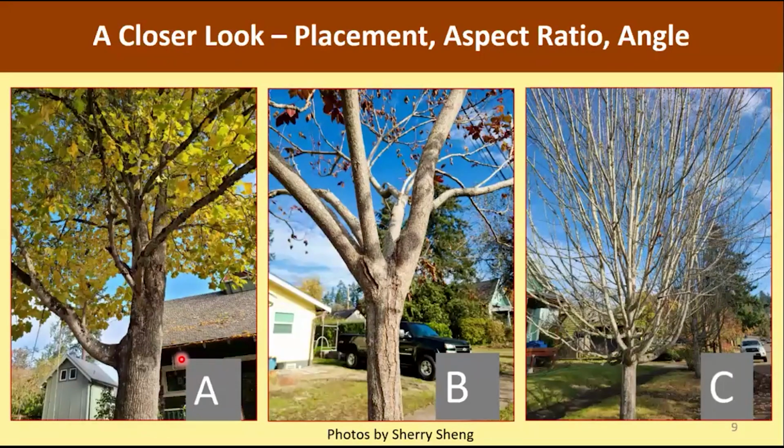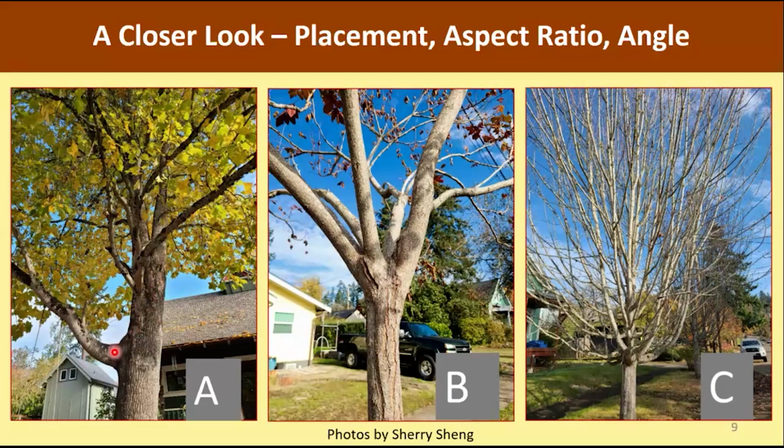Here are some real-life examples. Let's rate each tree, beginning with A. How's the branch placement? Well, I see branches around the trunk, a decent 360-degree coverage. I can see some vertical distance between the branches lower down in the tree. Further up, it's a little difficult to see.